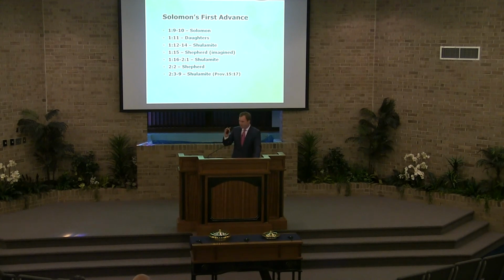Now, the context indicates that he's not actually physically present, okay? Remember, she is with Solomon. She is in the chambers of Solomon. She's still daydreaming about her shepherd. And you picture her there in the courts of Solomon, still out in the countryside, out in the tents, but she's there in the possession of Solomon and all of his servants and entourage.